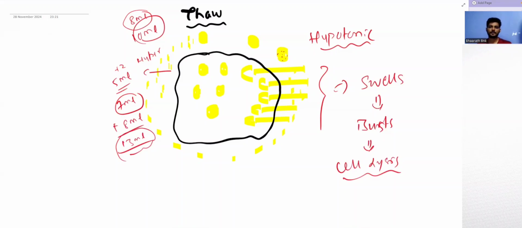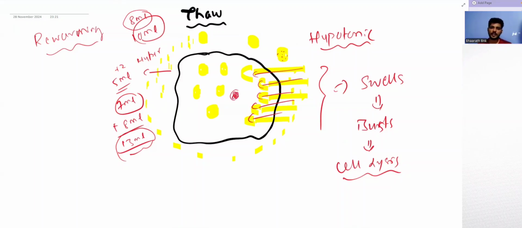But the thing is, the rate of melting of extracellular ice is much, much higher than the rate of melting of intracellular ice, right? So as you start rewarming, the extracellular ice melts faster, and as it melts faster, the extracellular fluid becomes more and more hypotonic, and this fluid enters inside. As the fluid enters inside, intracellularly the temperature is still very low, and it is still leading to the formation of ice, right?